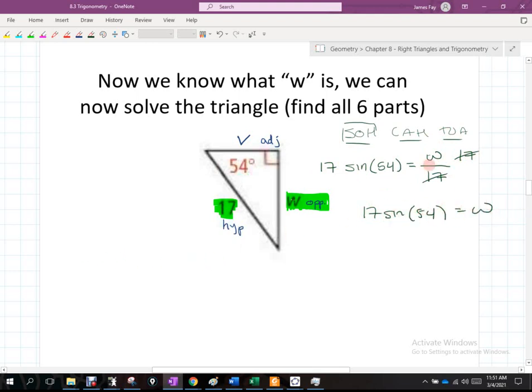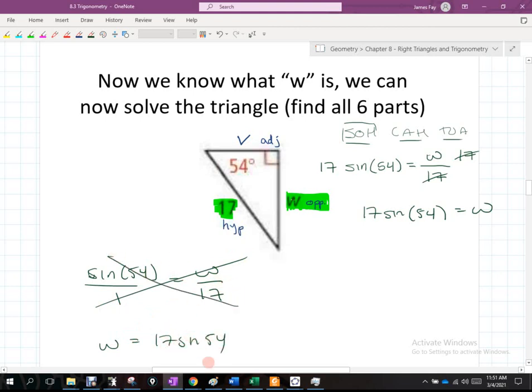If I multiply both sides by 17, that gives me W equals 17 sine of 54. Did you ultimately multiply this side by 17 and that side by 17? Cross multiplying and multiplying by the least common denominator is the same thing.